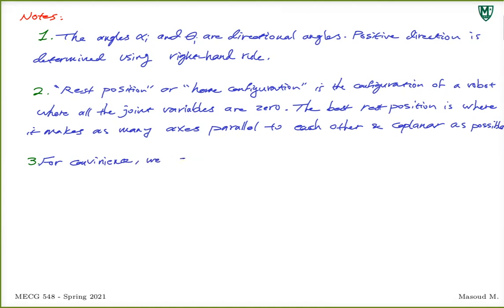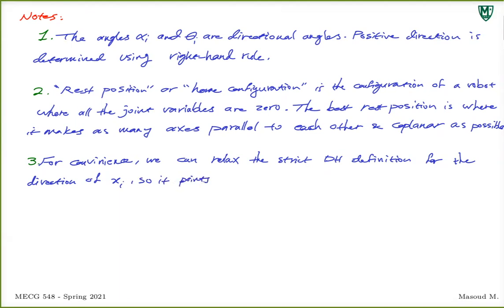We can relax the strict DH definition for the direction of xi, so it points from zi to zi minus 1.